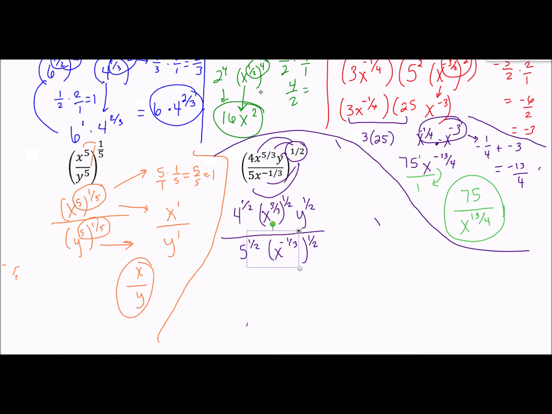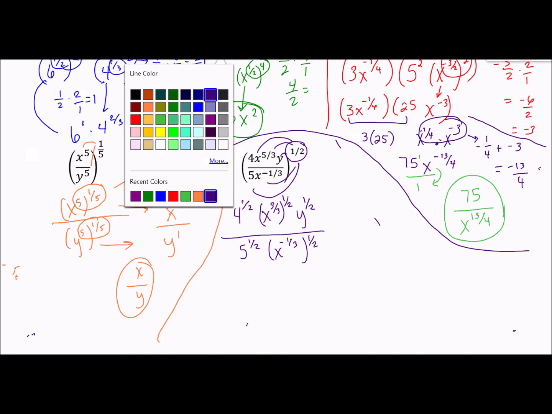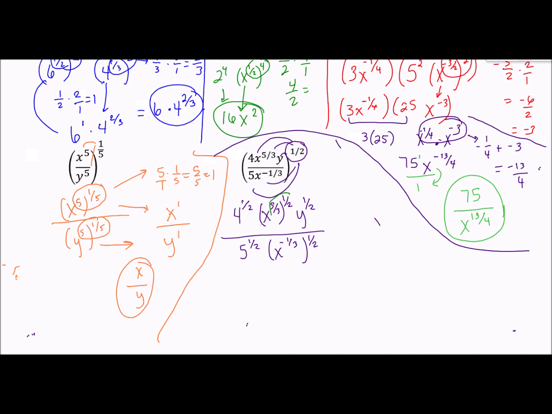Now 4 to the 1/2 and 5 to the 1/2, you can't simplify those. Fractional powers, and they don't have the same base. So they're going to stay that way. These x's, though, these guys can be multiplied together, one base with 2 powers. So 5 over 3 times 1/2, that will be 5 over 6.